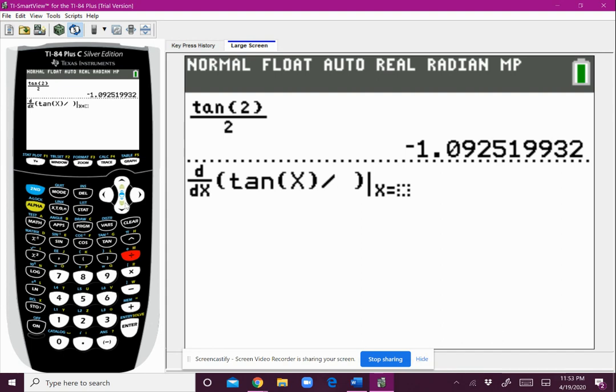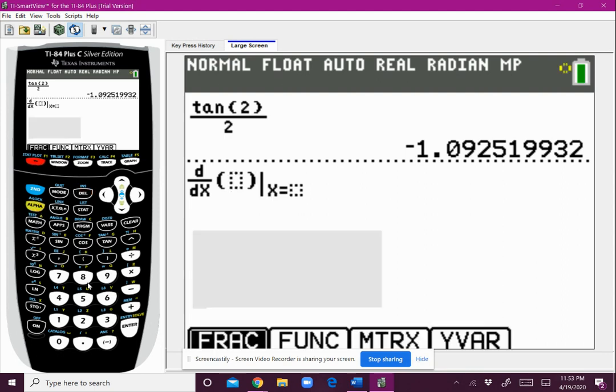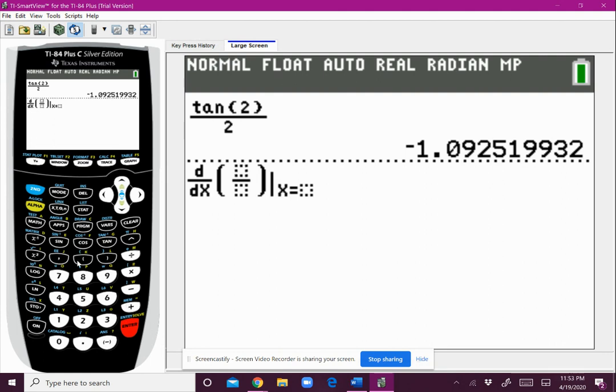Okay, that's not going to work, so let's go back and delete. We need the fraction, so alpha y for the fraction. On top is tangent x, divided by x. That's the function.